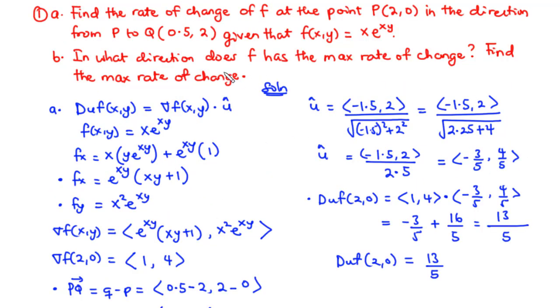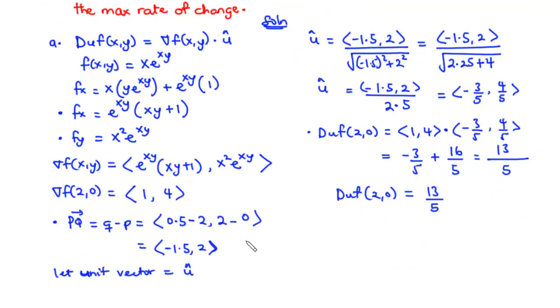B, in what direction does f have the maximum rate of change? And we are asked to find the maximum rate of change. Now, at this point, we understand that the directional derivative of a function is equal to the dot product of the gradient function and the unit vector. The expression on the right hand side can also be expressed as the magnitude of the gradient function times the magnitude of the unit vector times cosine of the angle theta, where theta is the angle formed between these two vectors.